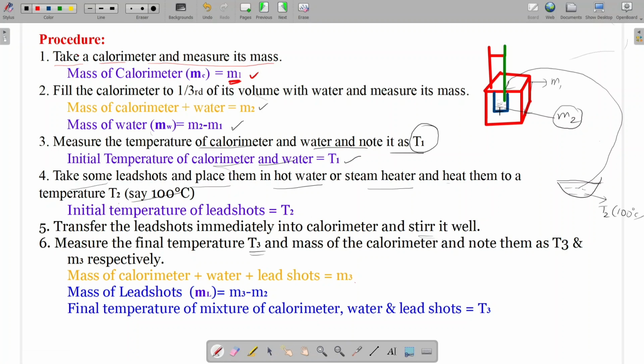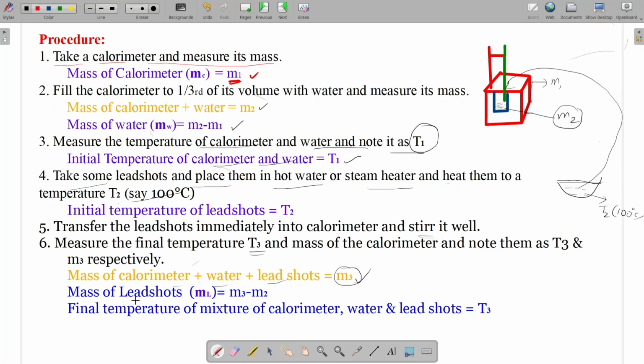Again measure the mass of the calorimeter with water and lead shots and note it as m3. So the mass of calorimeter plus water plus lead shots is m3. Out of this, if I want only the mass of lead shots, I will subtract m2, the mass of calorimeter plus water.